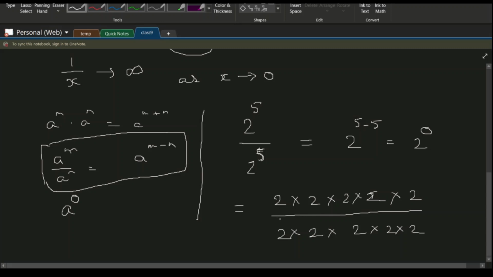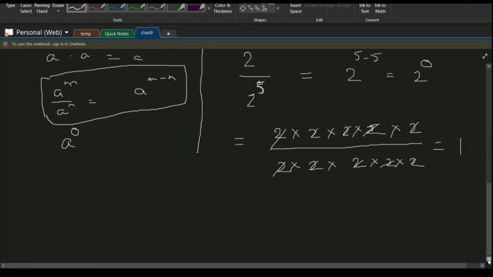So what do we see here? If we simplify, all the 2's will get cancelled, right? There are equal numbers of 2's in the numerator and denominator, so what we get here is 1.